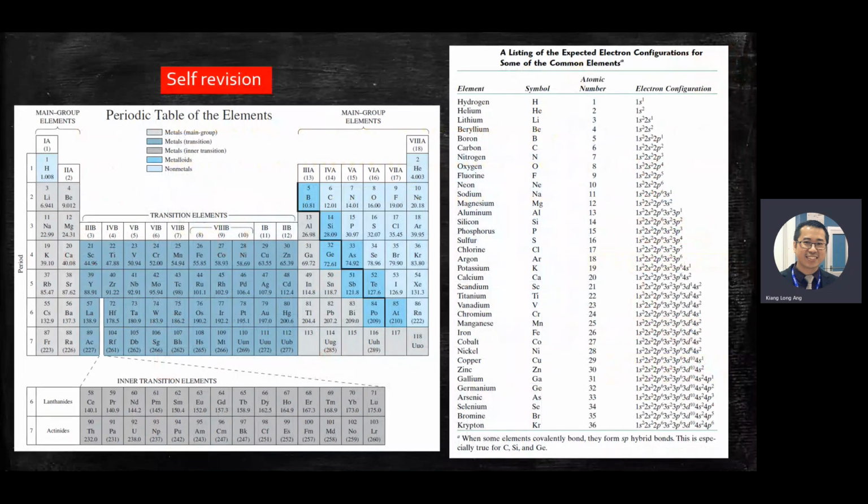So for titanium, the correct answer is argon and 3d2 4s squared.